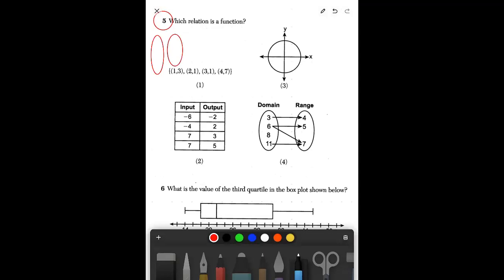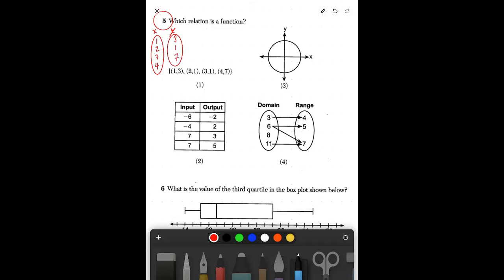the first choice. Okay, so the x's go in the first oval, so it's going to be 1, 2, 3, 4, and then I'm going to put the other numbers in the y oval, so it's going to be 3, 1, 7.